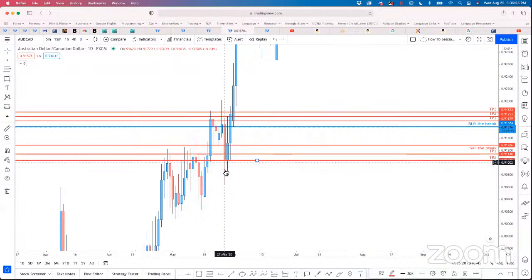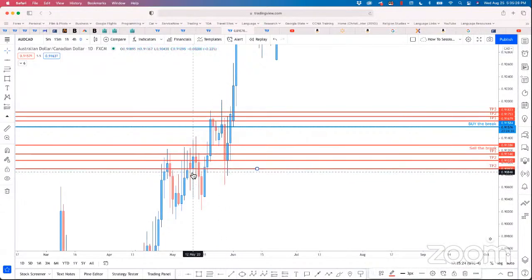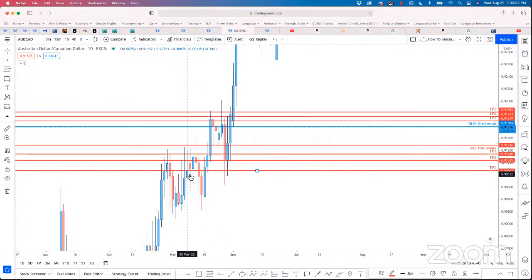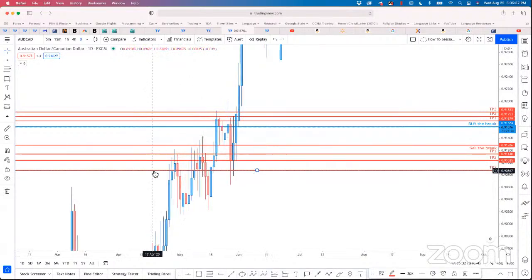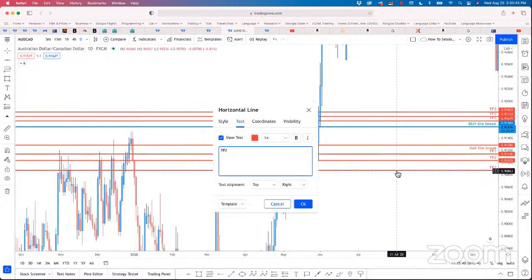I can go down to this wick right here, or I can use this little area right here, but nothing really in this area. But if I keep going to the left, you can see these highs, they rejected over here. So this will be a good target for TP3 right here.